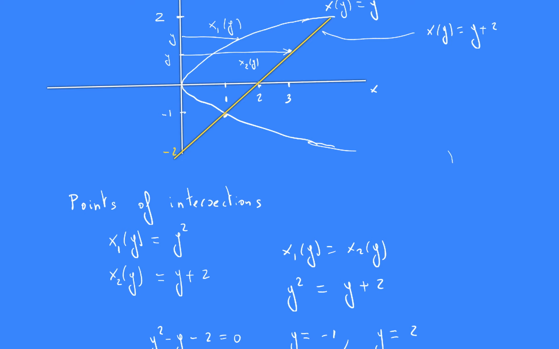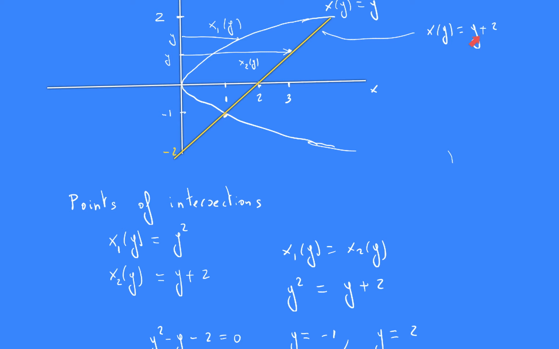So what is the graph of x of y equals y plus 2? Take a y and you will have an x. Take y equals 0, so the x will be 0 plus 2, which is 2. If I stop at y equals 1, the x will be 1 plus 2, which is 3.